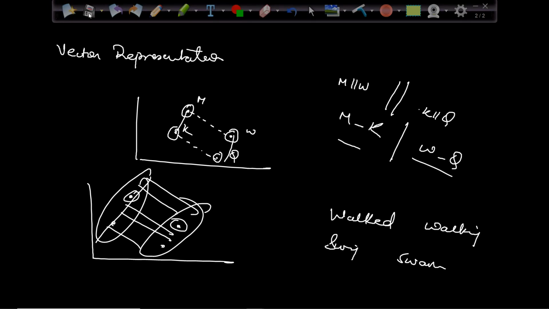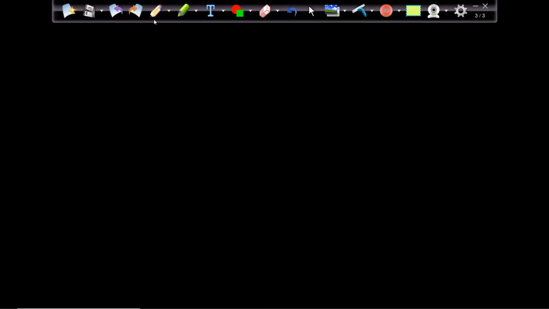Now, the main benefit which we are getting is that this Word2Vec concept, I'll write it as W2V, understands these relationships automatically from the raw text.